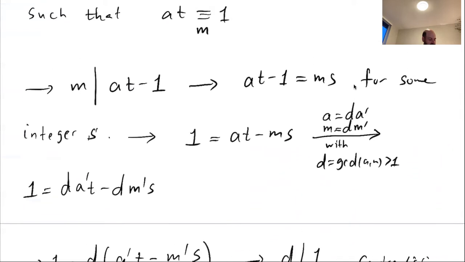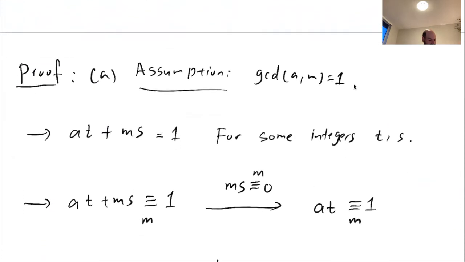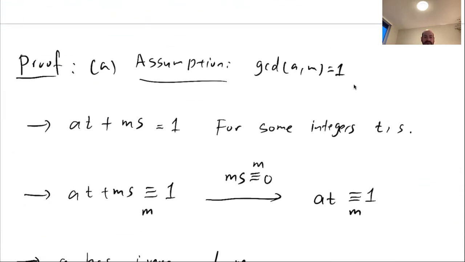We wanted to show that if GCD is 1, then A has an inverse. So our starting point was this equation, AT plus MS equals 1. And then we looked at it as a congruence mod M, and then we got AT congruent 1 mod M. So the key point is this equation, AT plus MS equals 1.